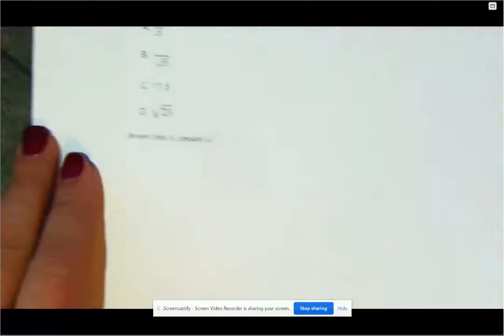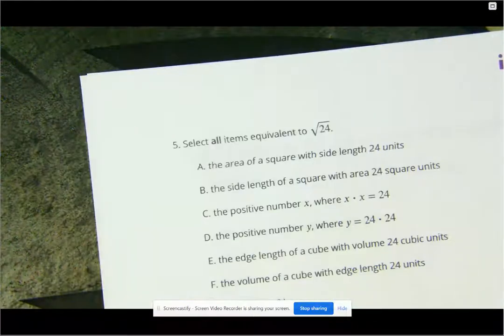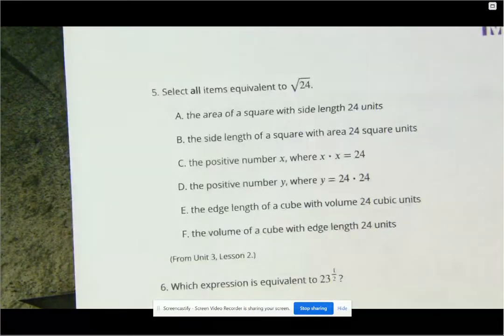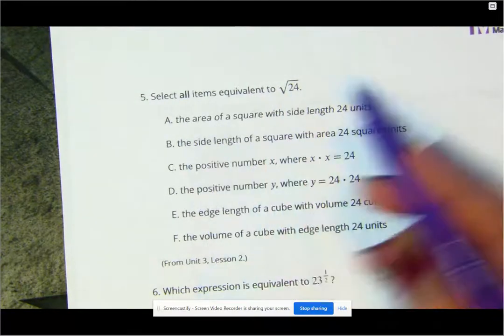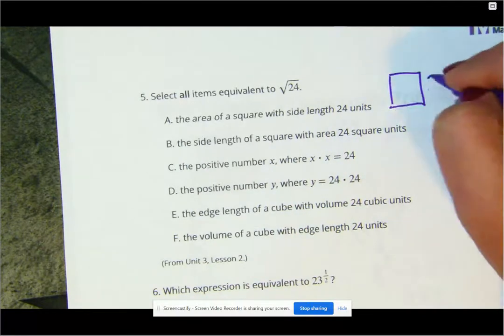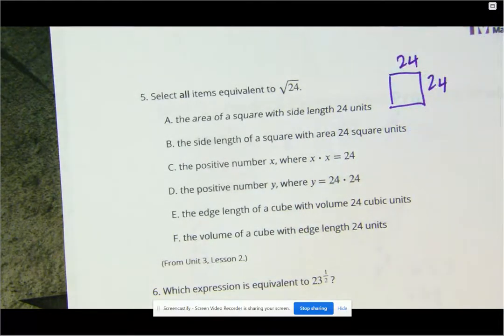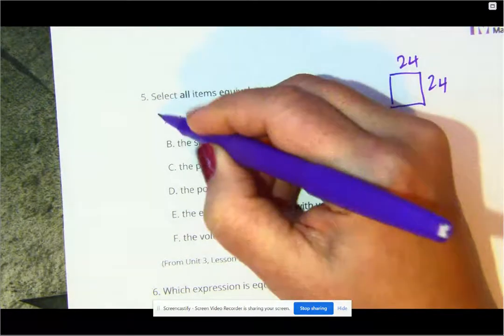Number 5 says select all items that are equivalent to the square root of 24. It says, is the square root of 24 the area of a square with side lengths 24? No, 24 times 24 is not the square root of 24.